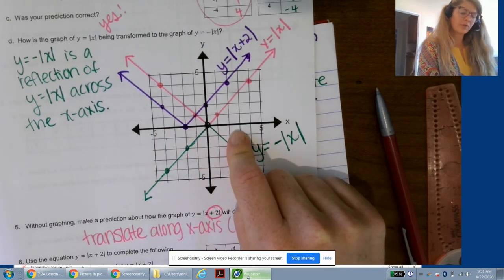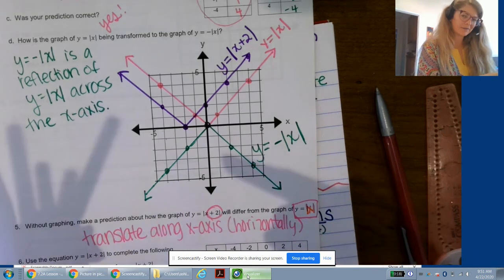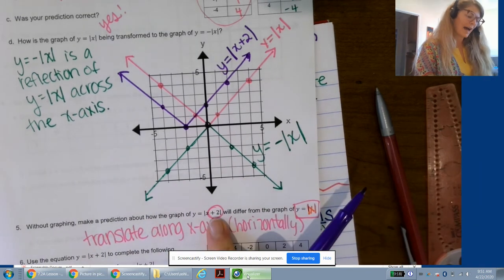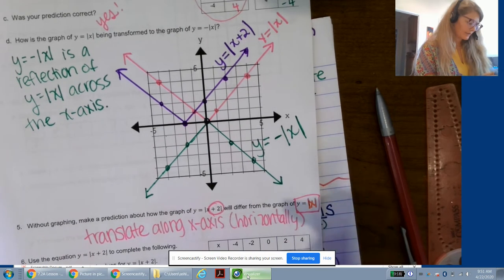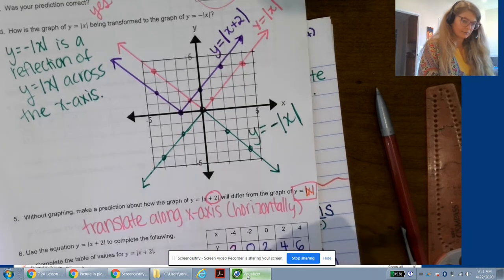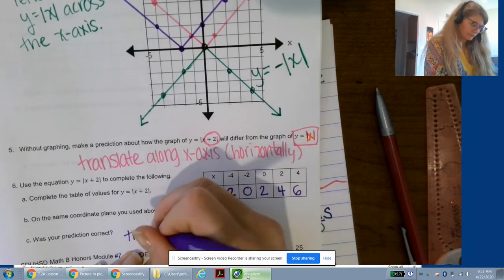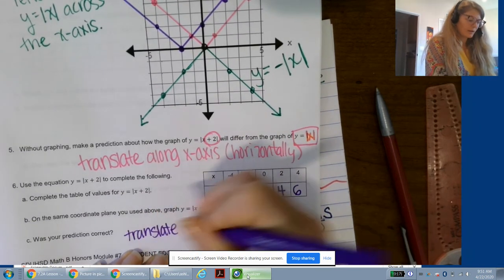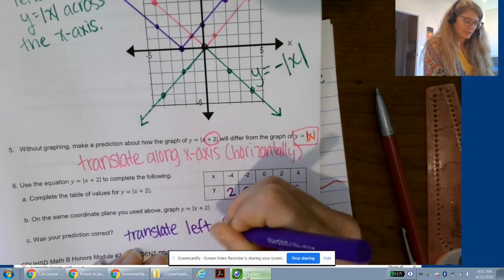But what direction were we translating? We translated to the left. Interesting that we are adding 2, but we translated to the left. So translate left 2 units.